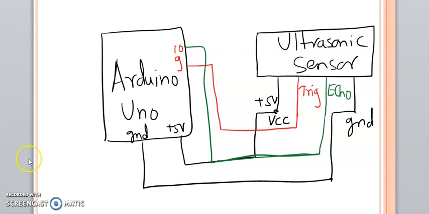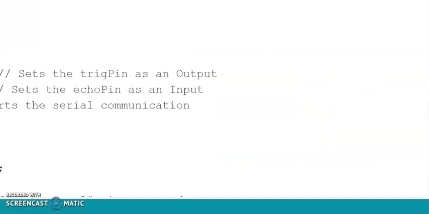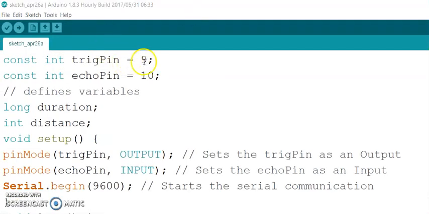For this configuration, we will write the code in the Arduino IDE. What is the procedure now? We first need to configure pin number 9 and pin number 10, and obviously they are going to be configured in the setup part. Here I have declared constant integers: trigger pin as 9 and echo pin as 10.